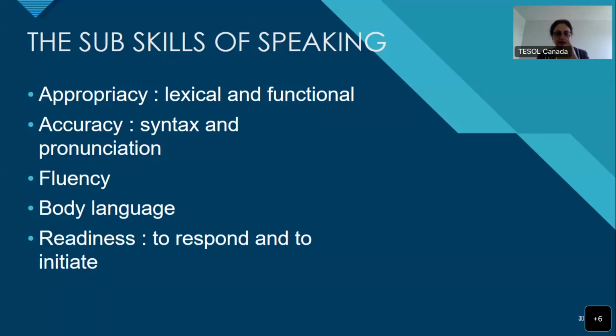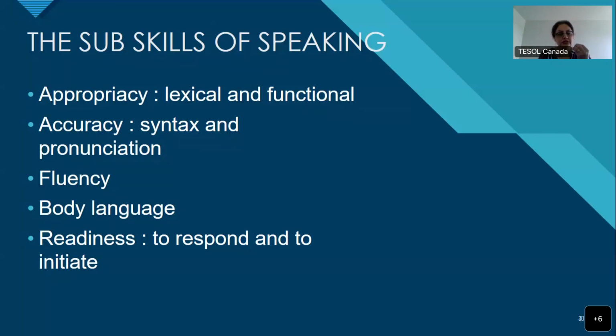We call it accuracy. So how do we practice in the class? We practice both. At lower levels, we help the students become more fluent, so we prepare activities that help them become more fluent. Little by little, when they get to higher levels, we need to focus on accuracy so they can use more new words, a variety of structures, correct pronunciation, correct intonation.